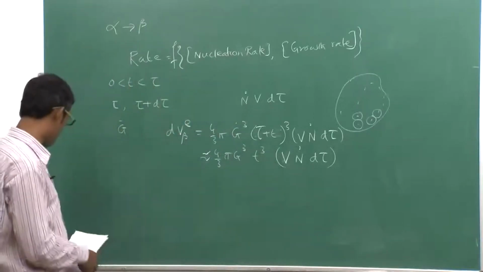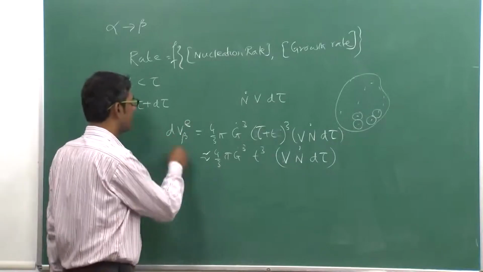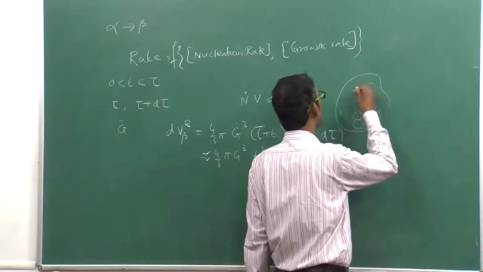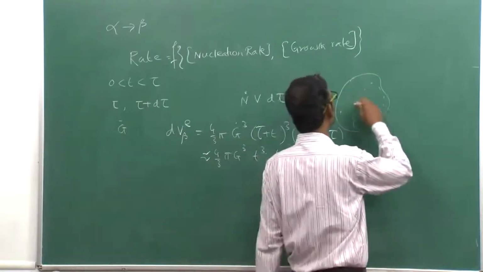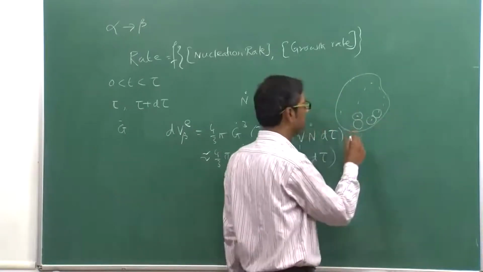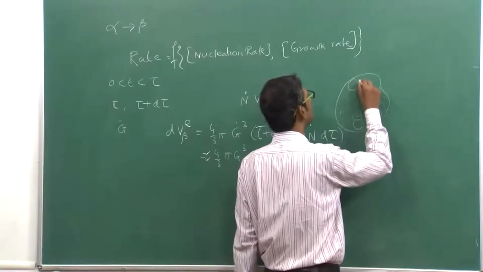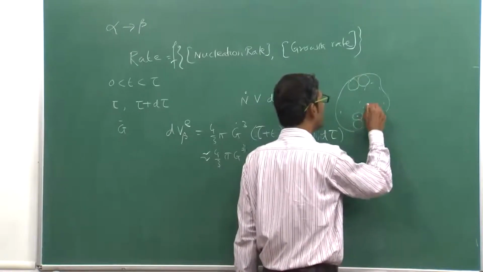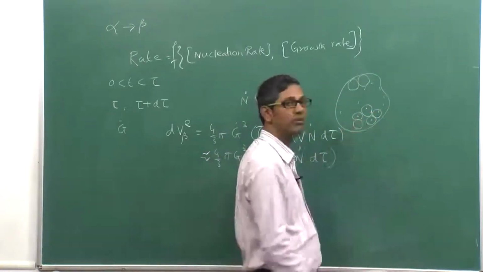The second assumption that is made is that we always assume that these nuclei are growing only in the untransformed regions. So suppose you have a grain which is not yet fully transformed, and there is a grain which has already been transformed. The likelihood is that a nucleus sitting here will grow much faster than a nucleus sitting there, because a lot of strain energy has already been reduced because of the formation of these nuclei.